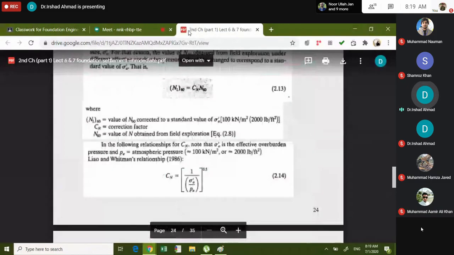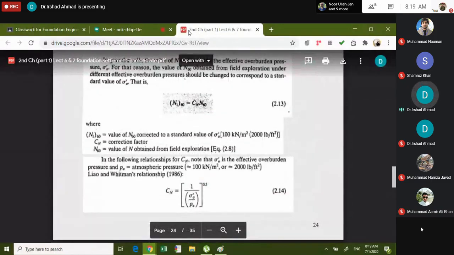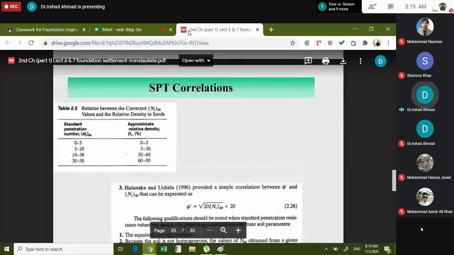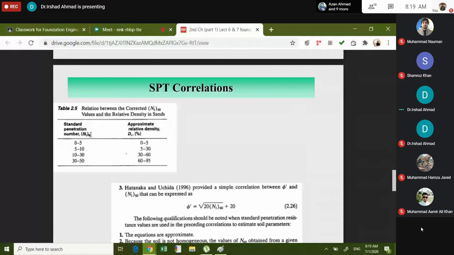After you have done the SPT correction, you can use the standard tables to read different values. For example, you can use this table. Here is standard penetration number, which is N160. N160 means this blow count has been corrected for overburden as well.